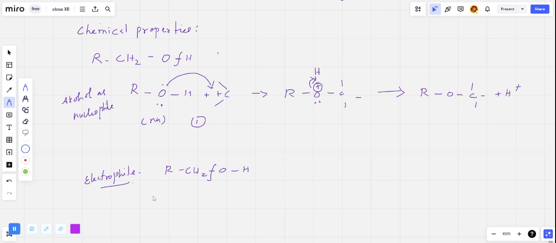So RCH2OH plus an electrophile gives RCH2OH2.